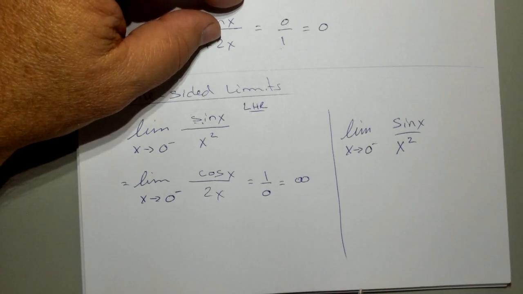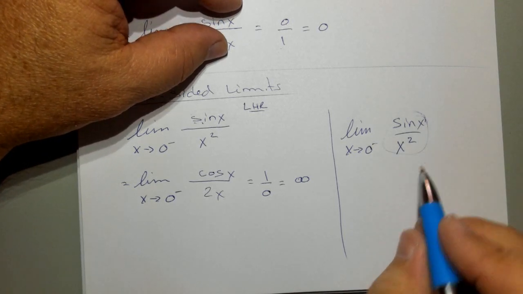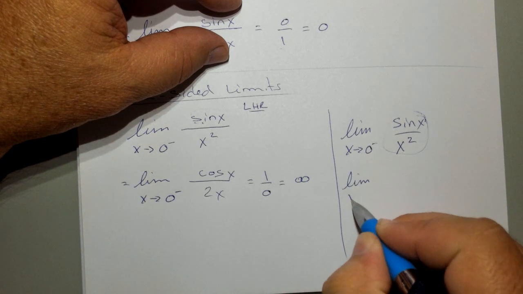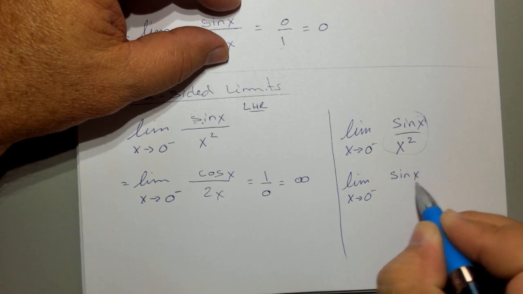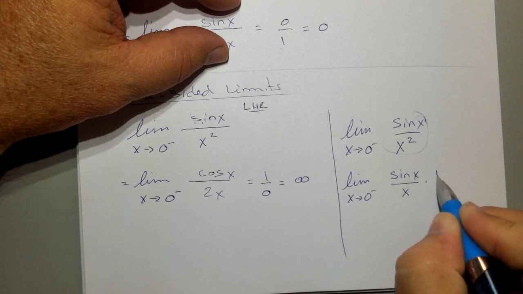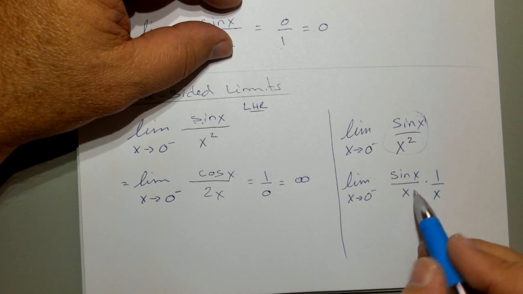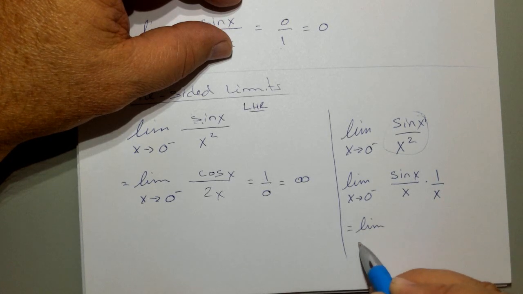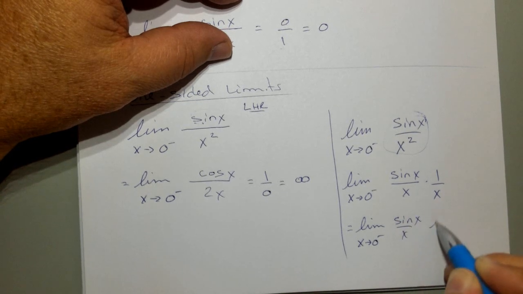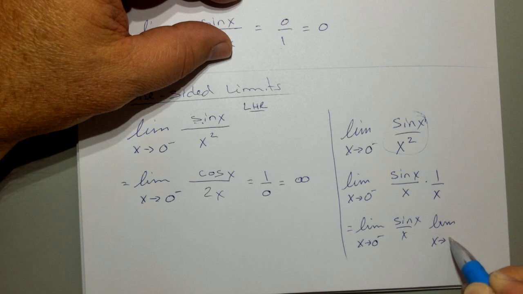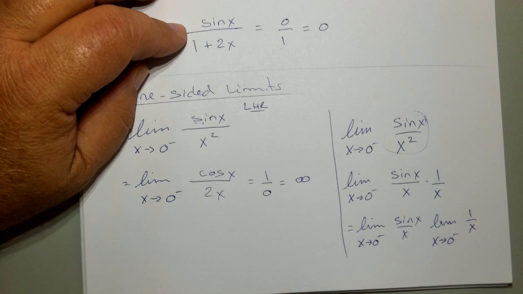Another way we could have done this, the function sine x over x squared, we could have split it up using the rules we learned in chapter 2. X squared can be x times x. And we could take the limit of both functions separately, without needing to use L'Hopital's rule.